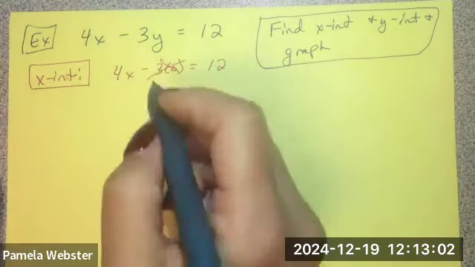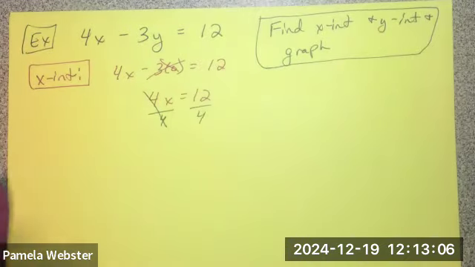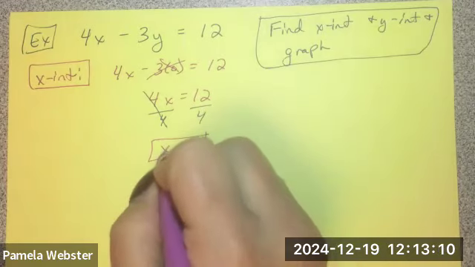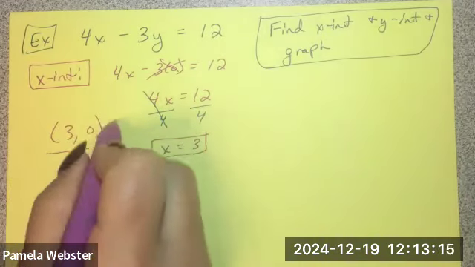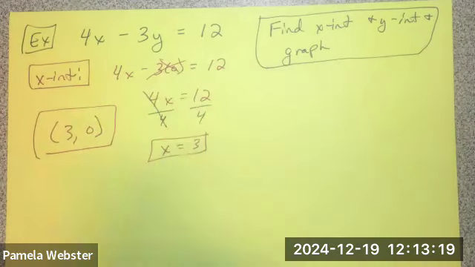And toward the end, we're going to divide both sides by 4. And x equals 3, right? So this point is 3, 0. The x is a 3. The y is a 0 because we plugged in a 0. We made it be that way, right?